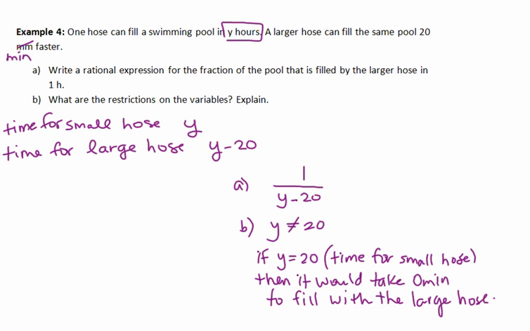So in this situation, y has to be greater than 20, not equal to, because it's a word problem. So that would be the domain of this graph. This would be the restriction on the rational expression, and this would be the restriction on the whole word problem. No, because if it was equal to, it would be divided by 0.